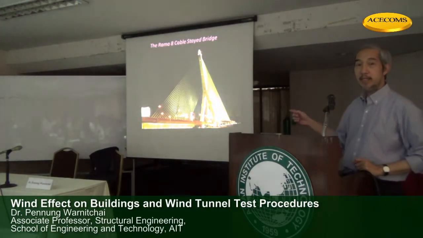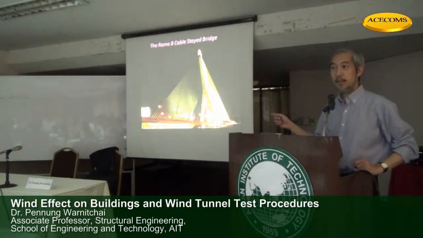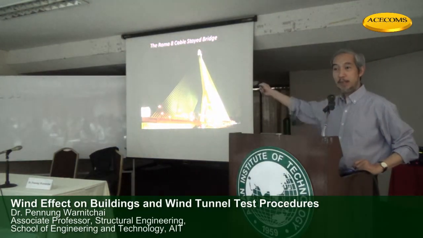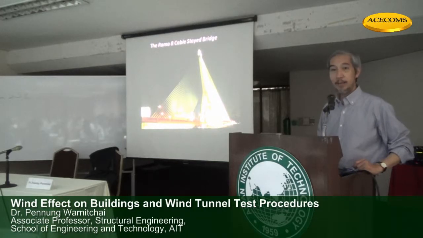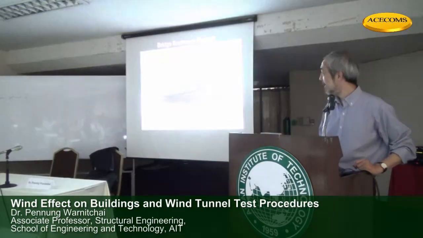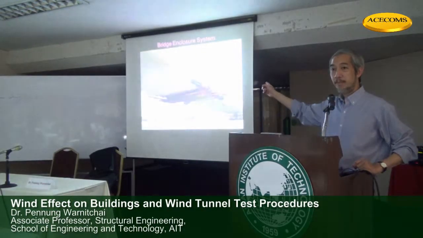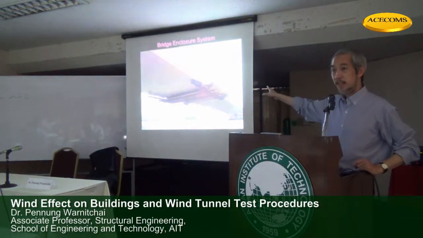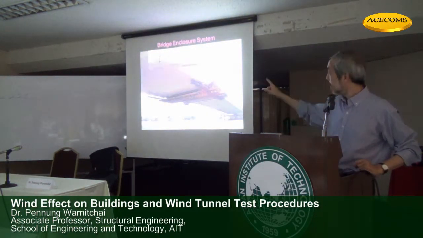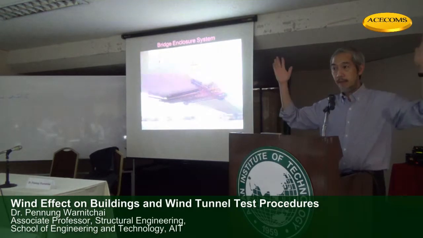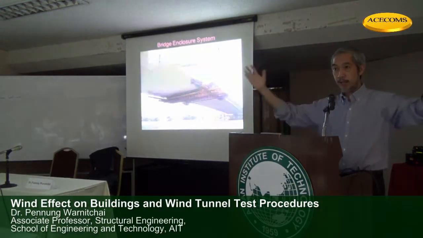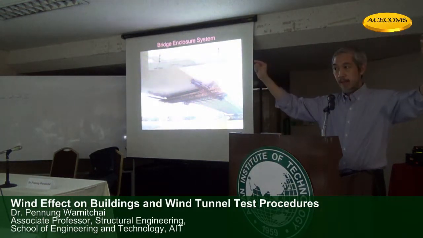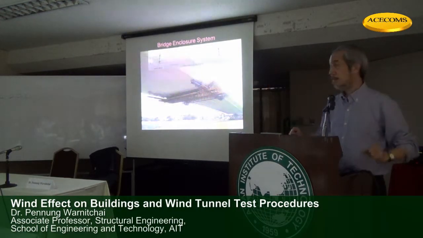Another one, Rama 8 cable-stayed bridge in Bangkok. If you take a boat tour tonight, you will see this one. I'm not sure there's a tour in the plan, but the structure looks like this. The structure has two big girders on two sides and a precast concrete deck in between.